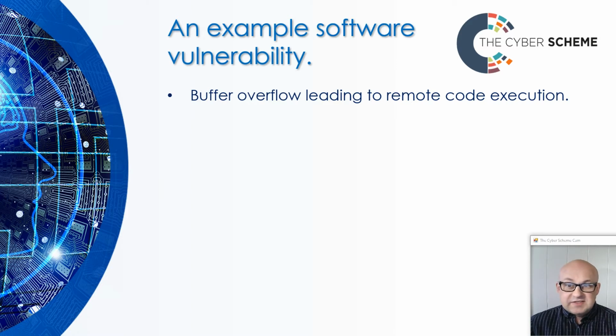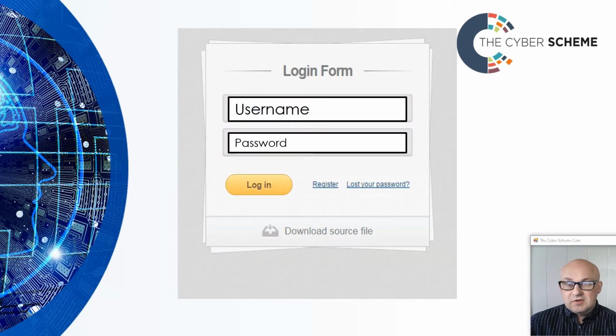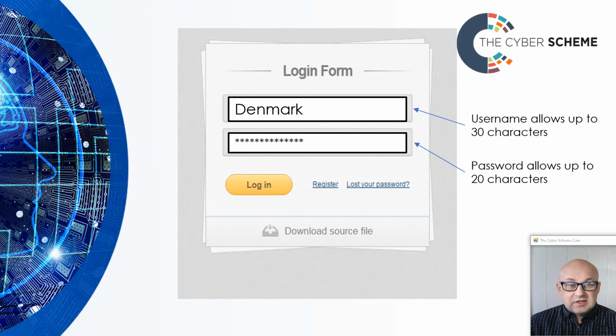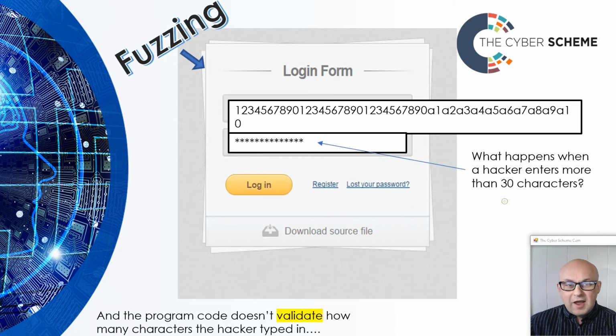So this is a buffer overflow leading to remote code execution, which basically means you've got a login form with a username and a password, and the user fills that in, and usually the username allows up to 30 characters and the password allows up to 20 characters. But what happens if someone malicious puts in more than 30 characters?